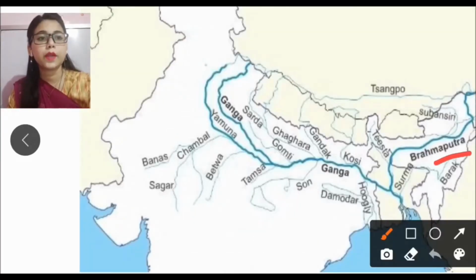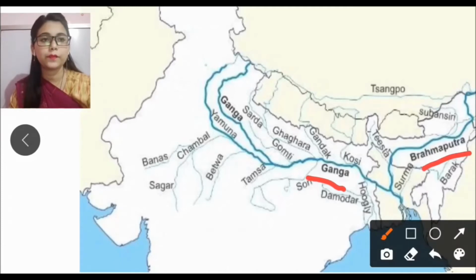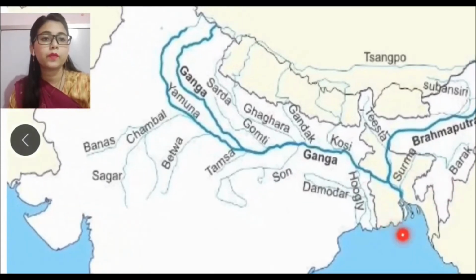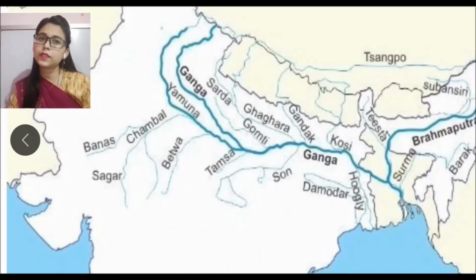Here you can see the Brahmaputra, and here you can see the Ganga. So students, here you can see how these rivers are joining. Can you see? Okay. Now here, before entering the Bay of Bengal, this is the point. Here it makes the Sundarbans delta.